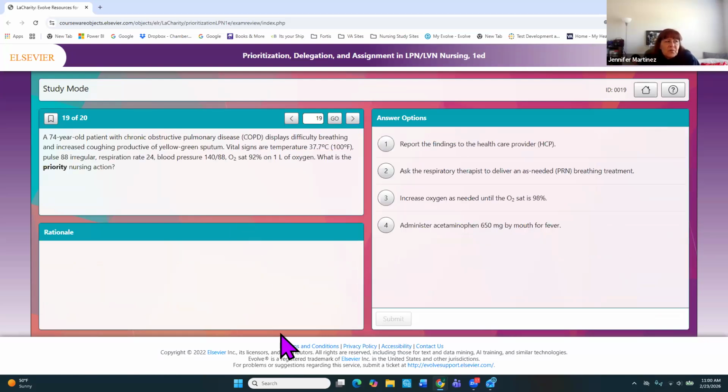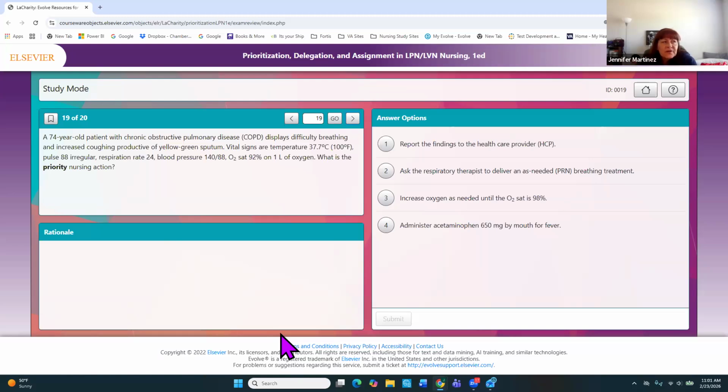All right. A 74-year-old patient with COPD displays difficulty breathing and increased coughing, productive of yellow-green sputum. Vital signs are temperature is 100 degrees Fahrenheit, pulse is 88 and irregular, respirations are 24, blood pressure is 140 over 88 with the O2 sats of 92% on 1 liter of oxygen.